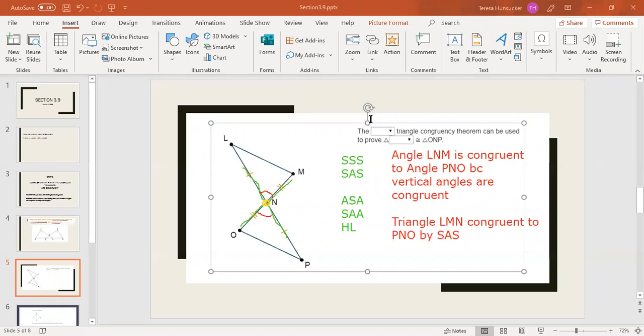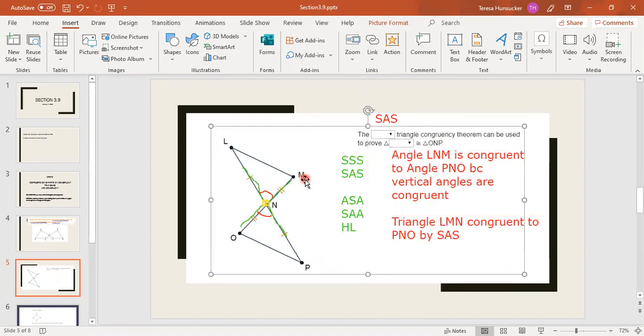To fill in the blank here, it proves triangle ONP. If I start with O and trace to N, that's the side with two tick marks, so I have to call it MNL. That's what I'm going to put right here.